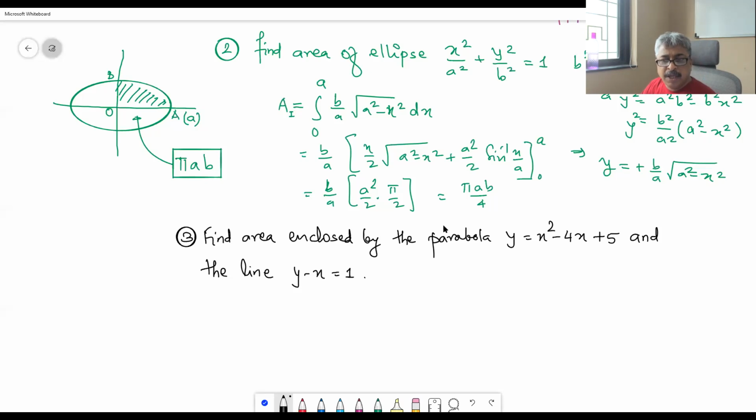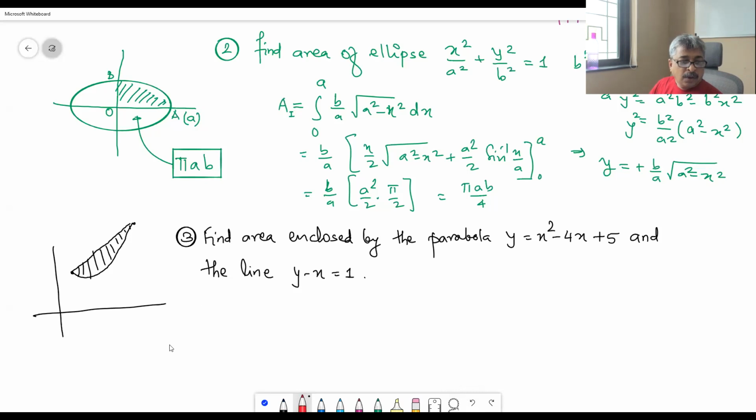First, if we sketch the diagram, we will come to know that 1 comma 2 is first point and 4 comma 5 is another point. The parabola will go like this, straight line will go like this, and you are supposed to find out this area.